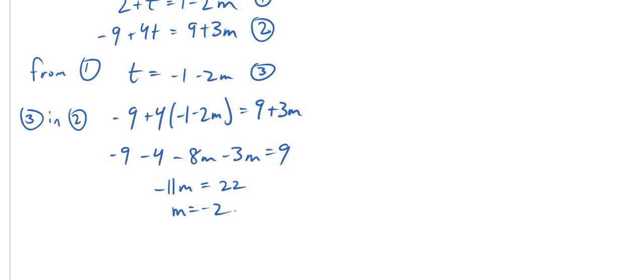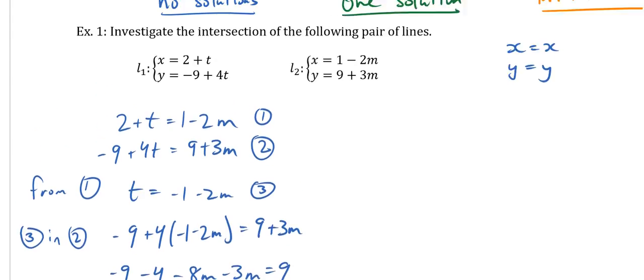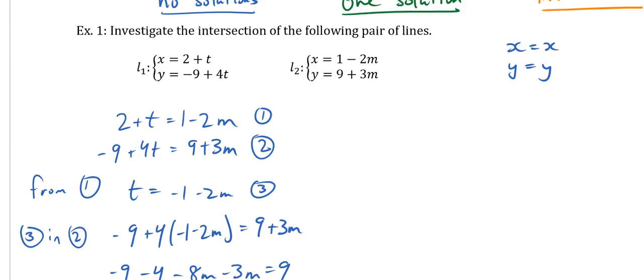So what do I do next? In grade 10, we'd go and find t. Should we do that? What are we ultimately trying to do? Do I need both m and t?